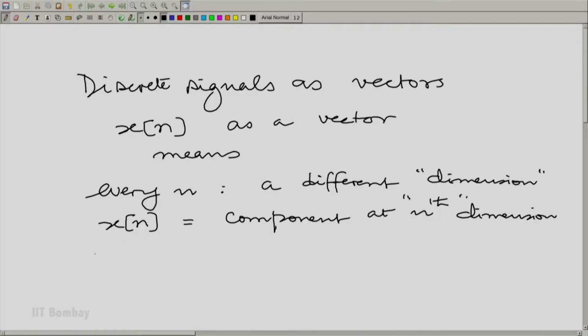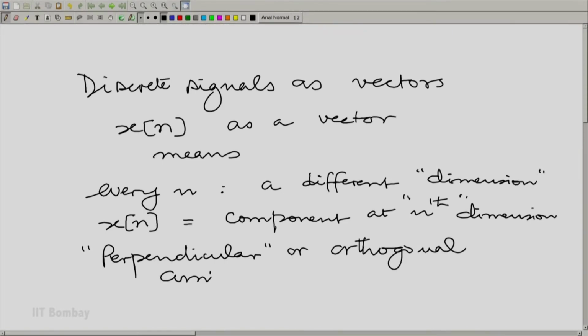You see, let us just verify what happens if you describe two perpendicular components here in this language. What are the perpendicular components? That is very interesting. The perpendicular, or orthogonal as we call them, components are essentially the unit discrete impulses.